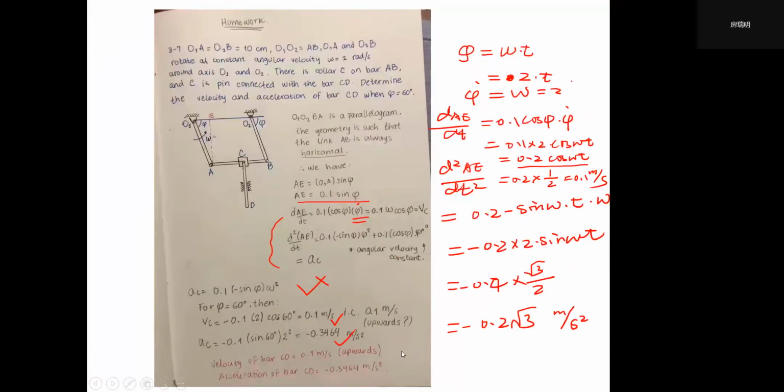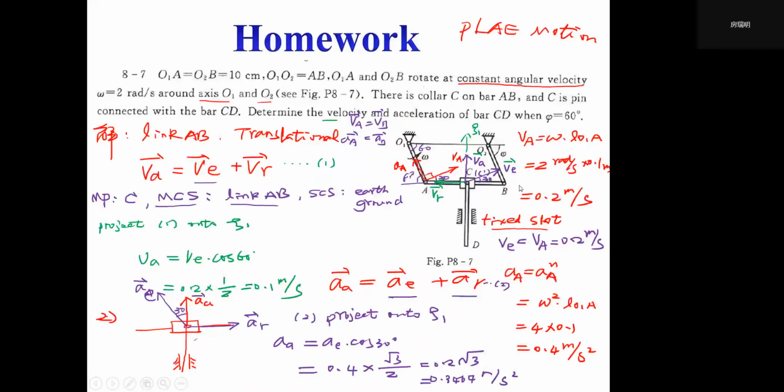So I said that these two results are also correct, because here the derivative calculation has the default assumption that it should be along this downward direction, and from the method we have used, we assume the direction of VA and the direction of AA is upward.